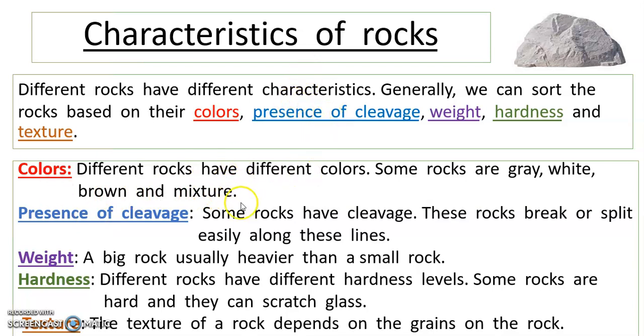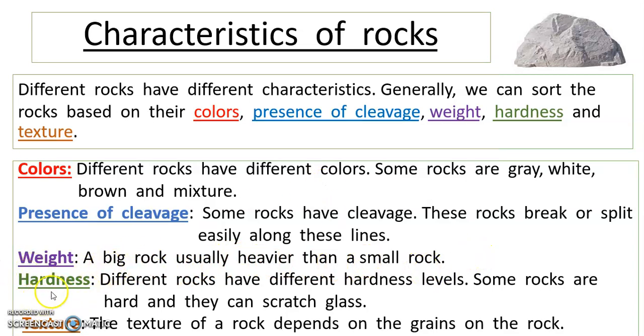Number 2, presence of cleavage. Some rocks have cleavage. These rocks break or split easily along these lines. Number 3 is weight. A big rock is usually heavier than a small rock.